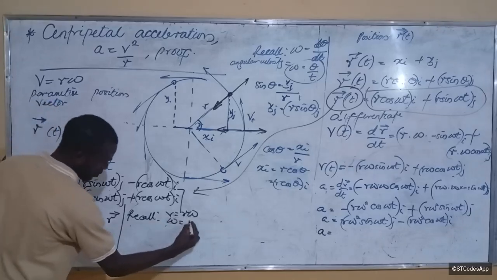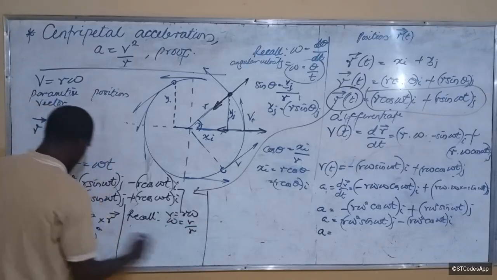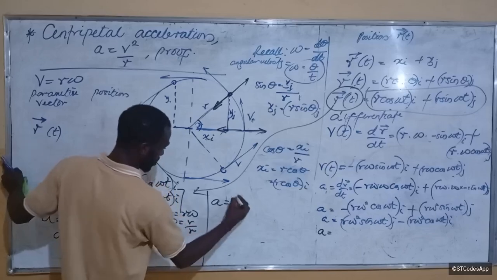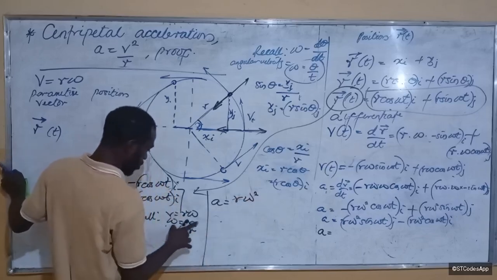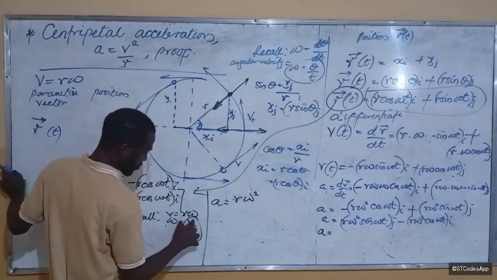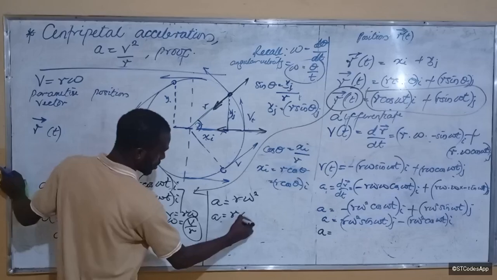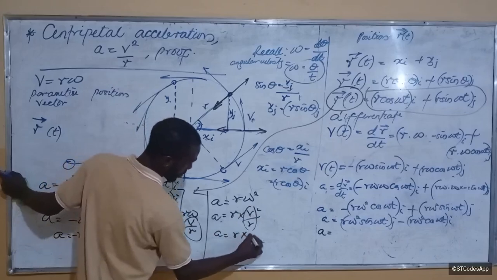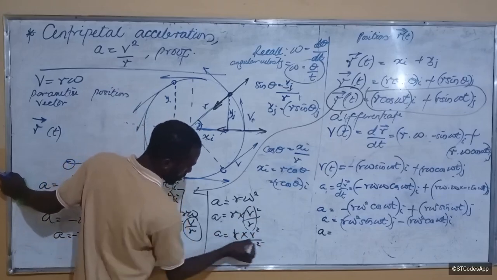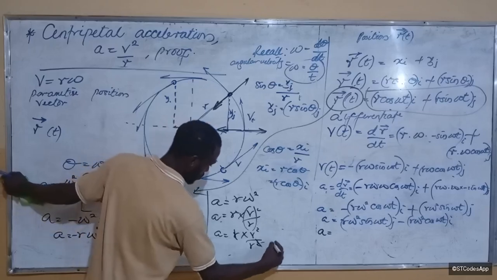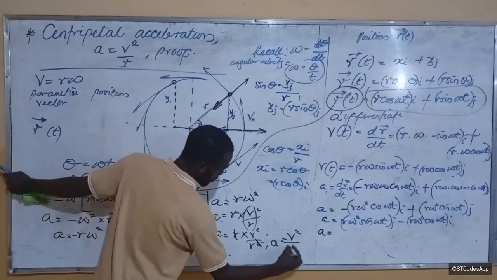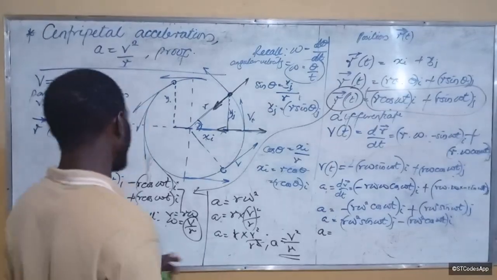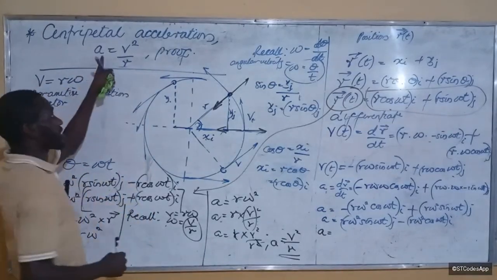Then it means that omega is going to be V over R. What we got was A equal to, let's remove the minus now, R omega squared, and omega is V over R. So A equals R times V over R all squared. So A becomes R times V squared over R squared. This takes care of one of the R's. So A becomes V squared over R. Is it clear?